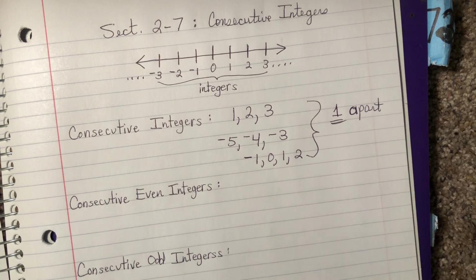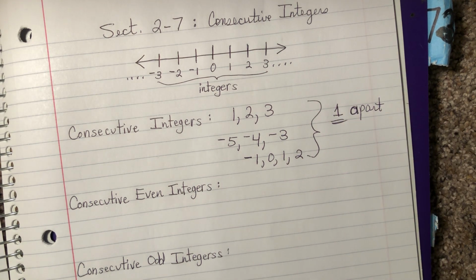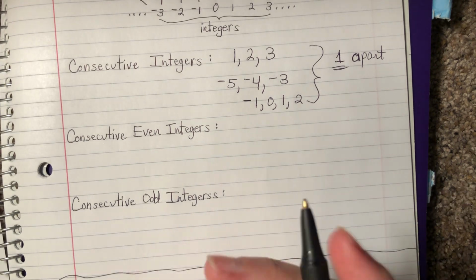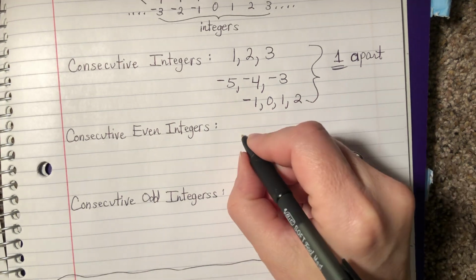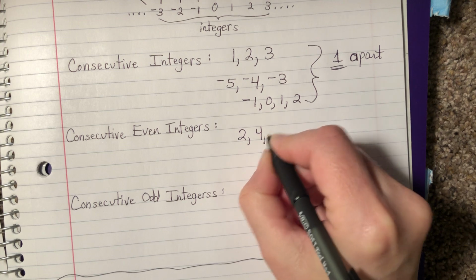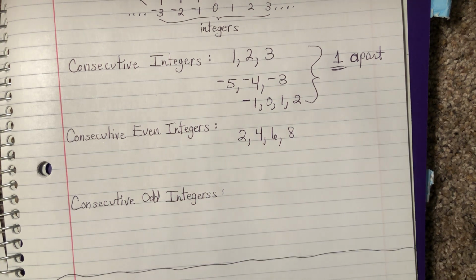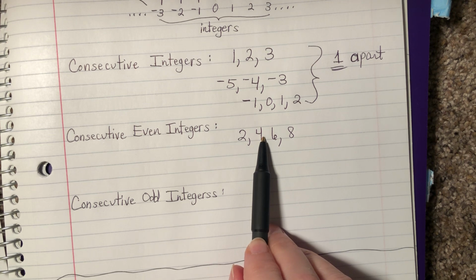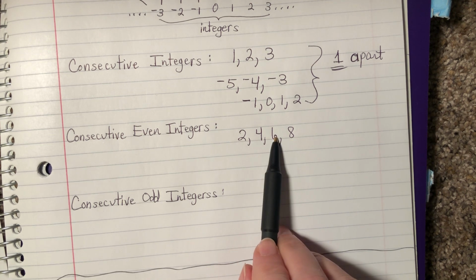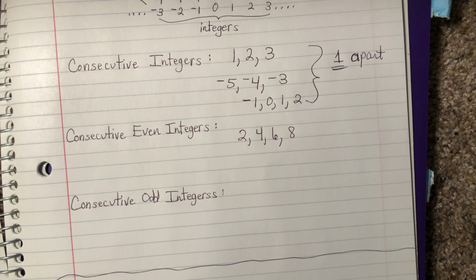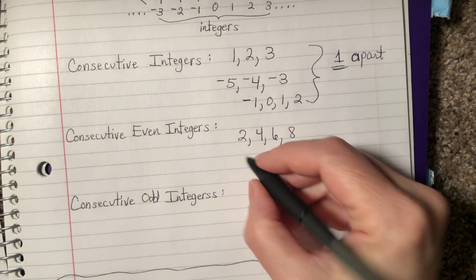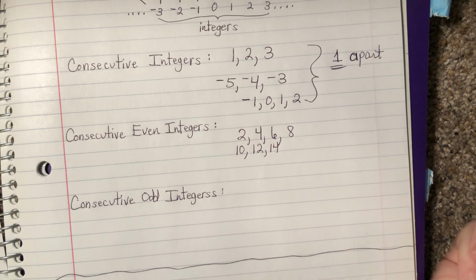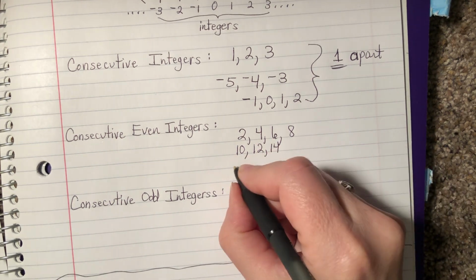All right, 1 apart. Now, consecutive even integers would be 2, 4, 6, 8. Right? 4 is the next consecutive even integer to 2. 6 is the next consecutive even integer to 4. You might have 10, 12, 14, or you could go in the negative direction.